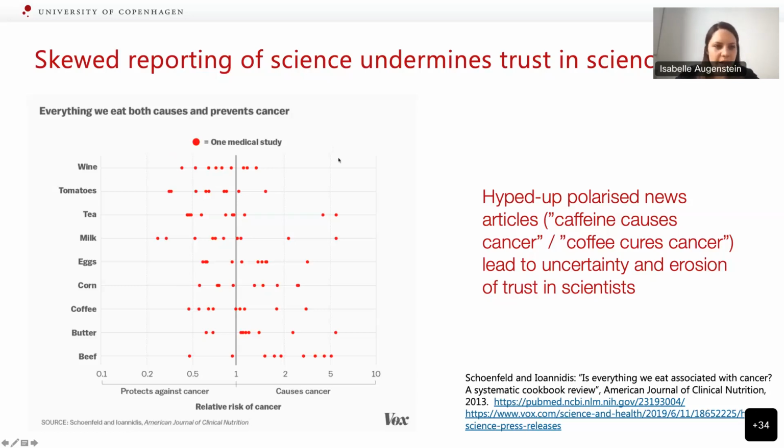And you can see the spread here. And for some, it's more clear than for others. So for beef, for example, it mostly causes cancer, but some studies have also found that it protects against cancer. But this isn't how science is communicated to the general public, because it's often only a reporting of one specific scientific article.